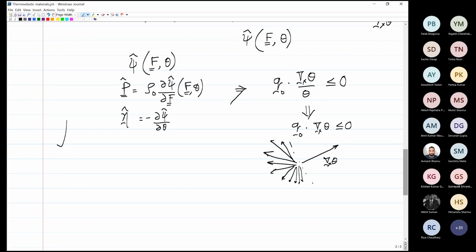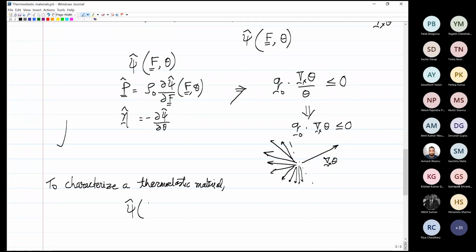Okay, so finally what we see is: what all do we need to characterize a thermoelastic material? To characterize a thermoelastic material, we only need two functions.